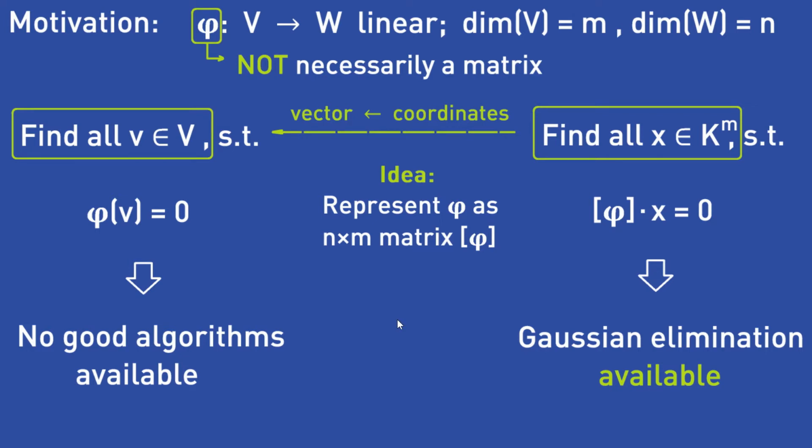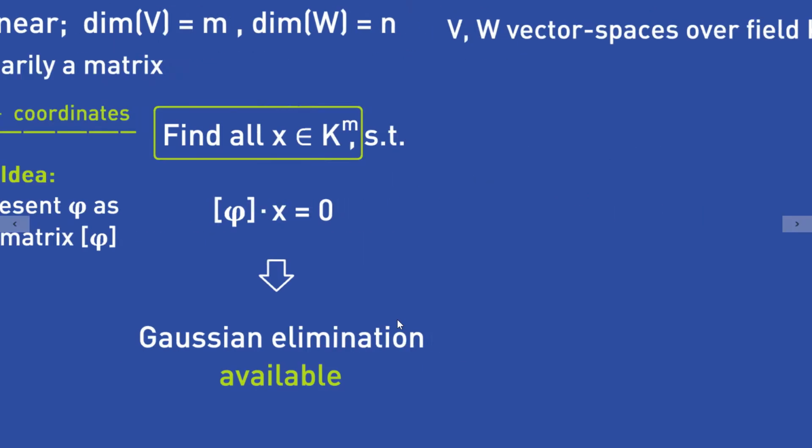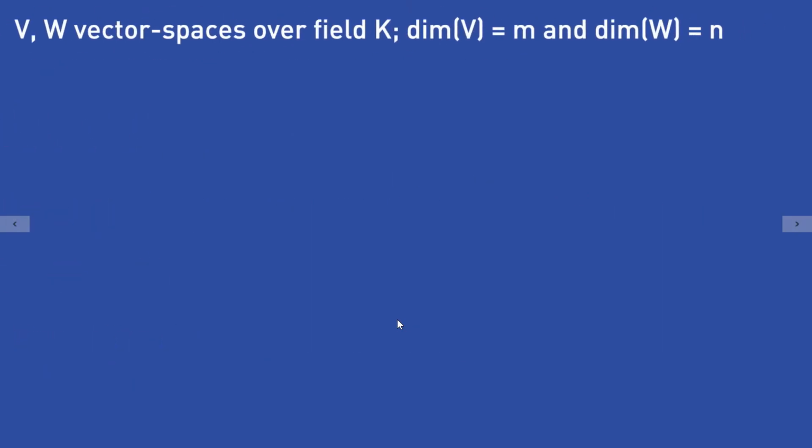Okay, now I will show you how you can calculate the matrix representation of a linear function. Let V be a vector space of dimension m over a field K, and let W be a vector space over a field K of dimension n.